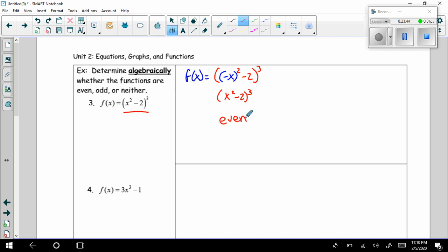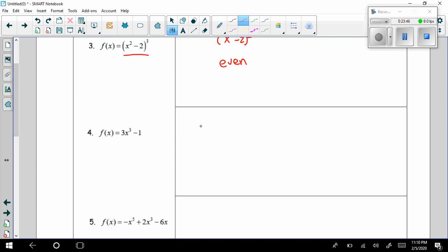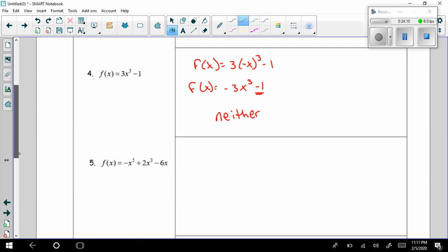And so this is even. Same thing here, we have f of x is equal to 3. We're going to plug in a negative x here. And we get negative 3x cubed minus 1. This is not the exact opposite because this constant sign didn't change. And so it is a mix. And so it is neither even nor odd.